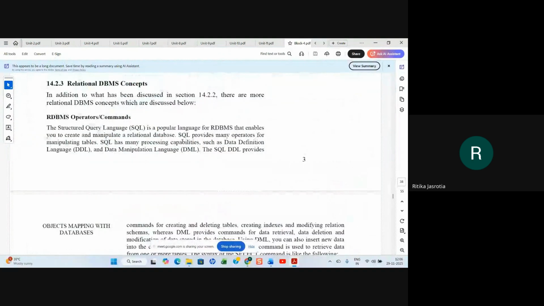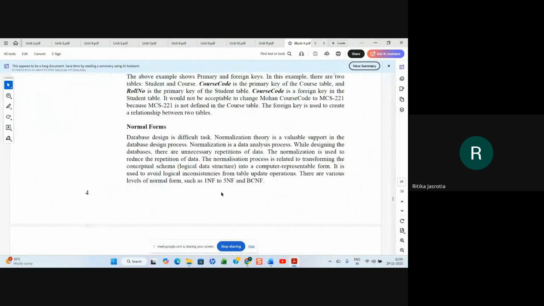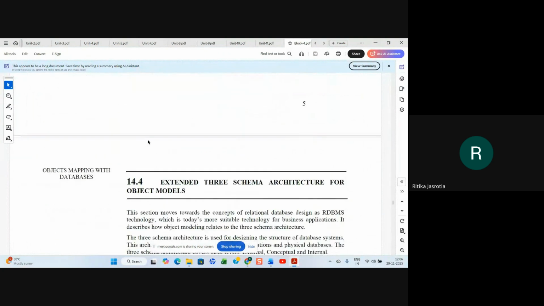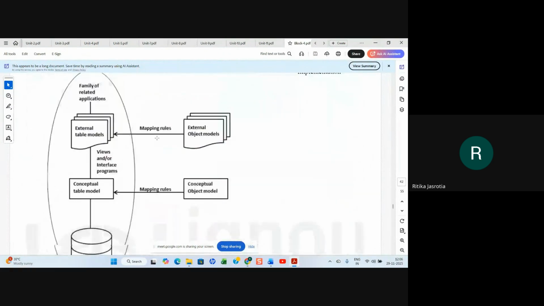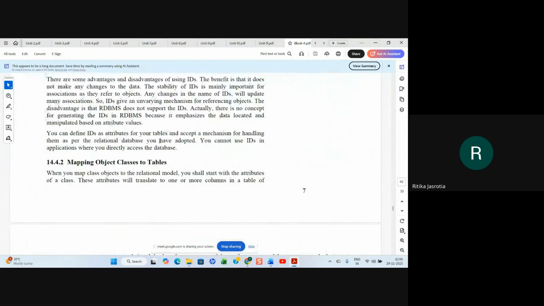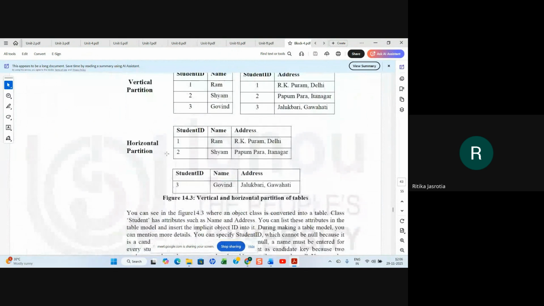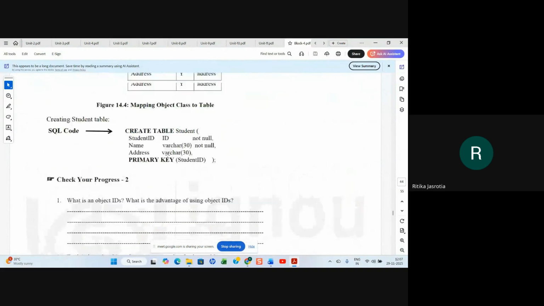We'll take an example here: you have a course table and a student table. So if you have to map it, you can do mapping of object classes to tables in a vertical partition or horizontal partition, anything, but we will be talking about them later.